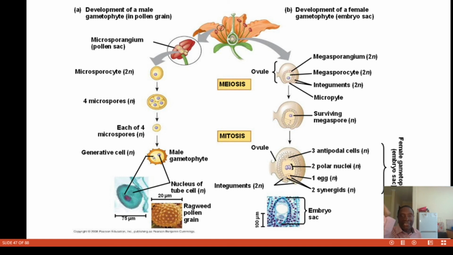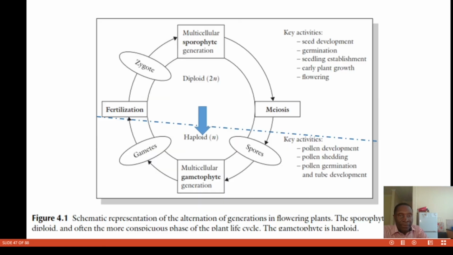And the gametophytic generation is where you get the progression from meiosis and mitosis, which then puts the gametophyte generation in a haploid state, the shortest generation of the alternation of the plant from the sporophytic generation to the gametophytic generation.